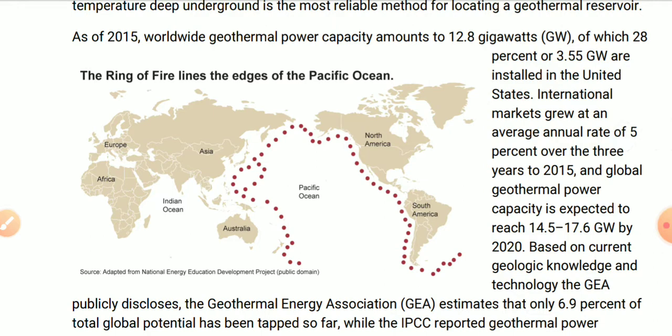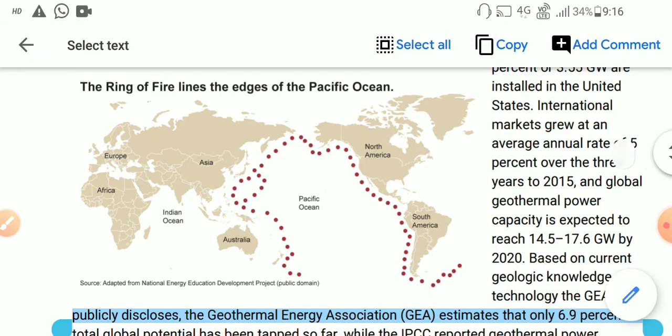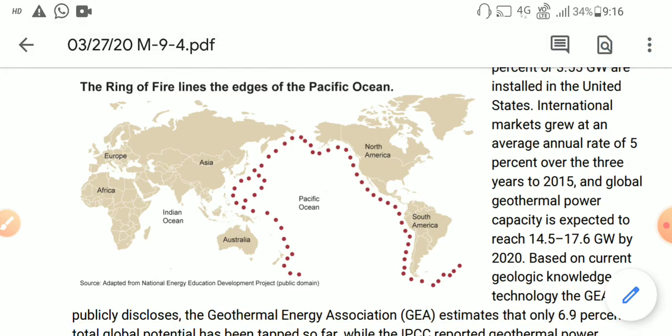So this is some notation of how, day by day, it is used and applied for the requirement of geothermal energy extraction.